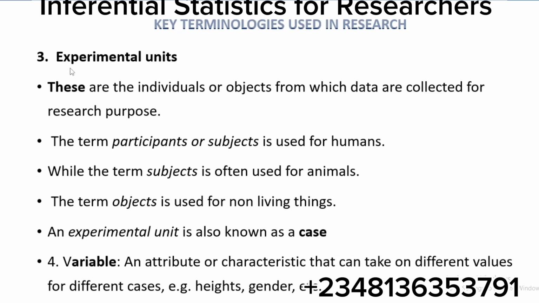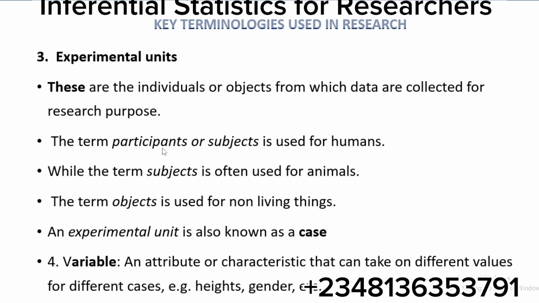So the third one, experimental units. Experimental units are the individuals or objects from which data are collected for research purpose. If we gather our data from human beings, we call these human beings participants or subjects. But if these data are gathered from animals, that is, if animals are the focus of our study, we use the term subjects, not participants.